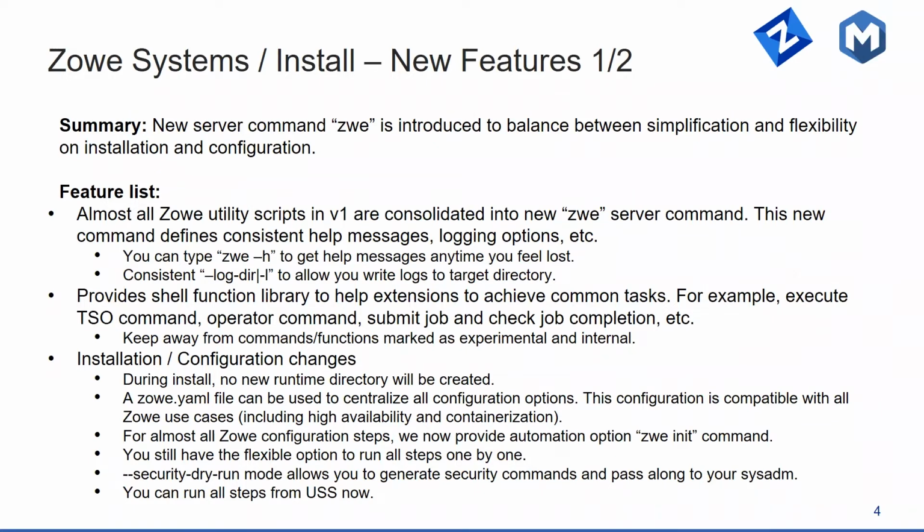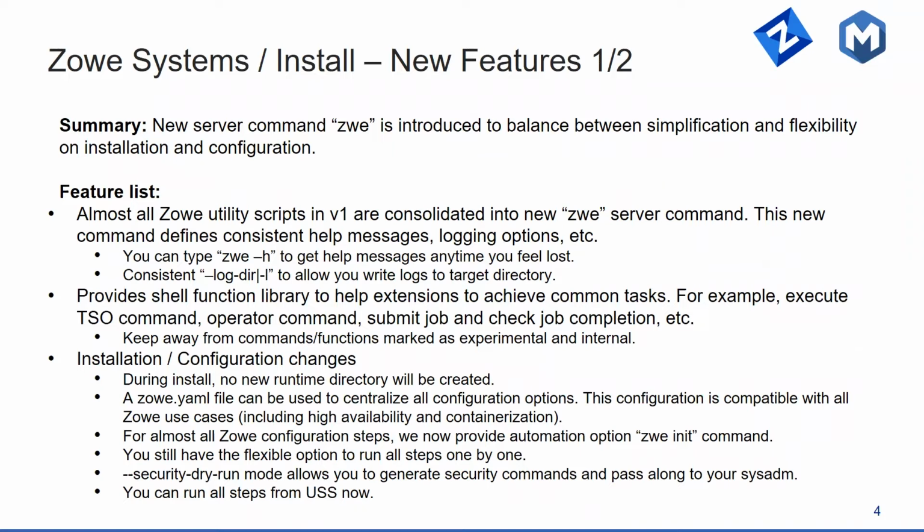That means if your component or extension is running inside Zowe, those function libraries are always available to you. You can use any of them, and we try to document every function and its purpose. Just remember some of the functions are marked as experimental or internal, so try to keep away from those, but it's okay if you know what it's doing.